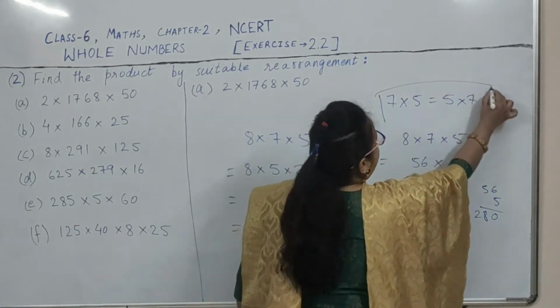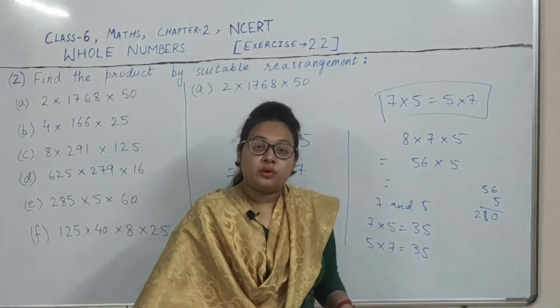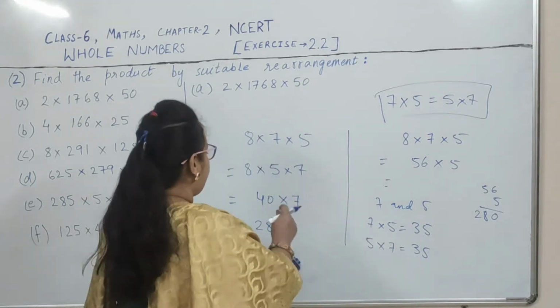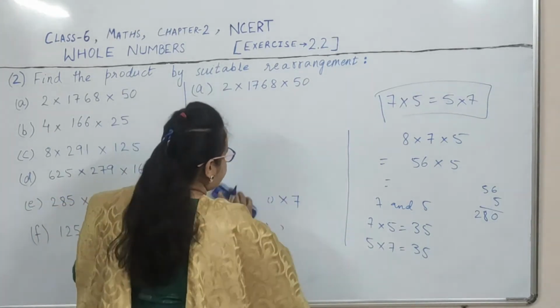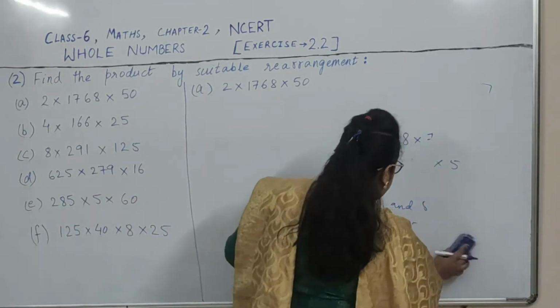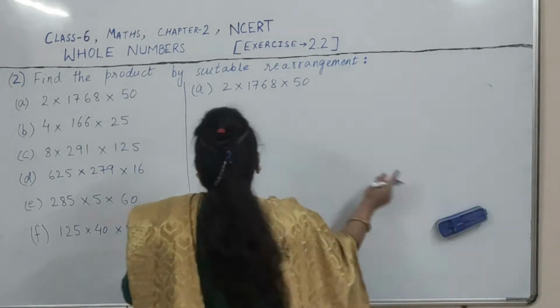This property is known as the commutative property for multiplication. Now we will make use of all these properties. Another property is also there; while using it, I will explain that. So now let us do it.